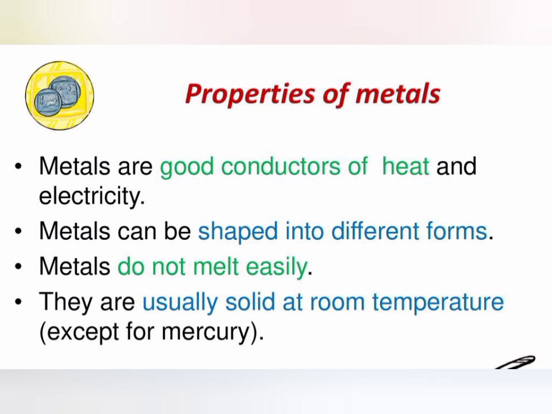Mercury is an exception: though it is a metal, it is liquid at room temperature, and the rest, gold, iron, aluminium, copper, are all metals that are solid and very shiny at room temperature.